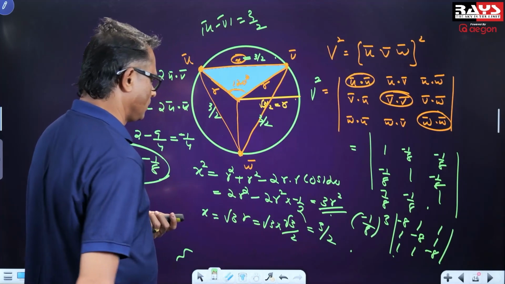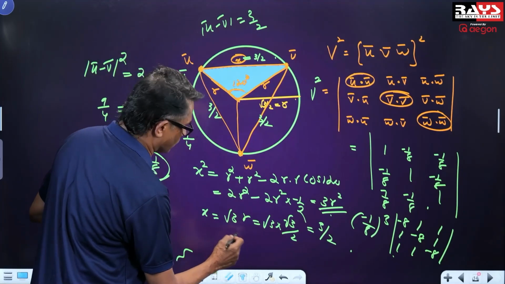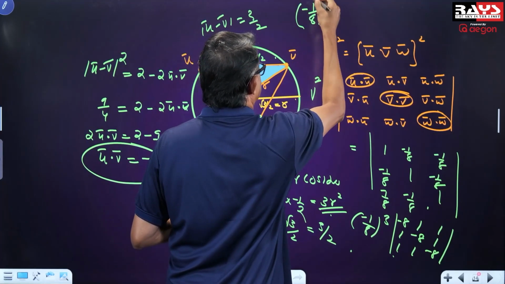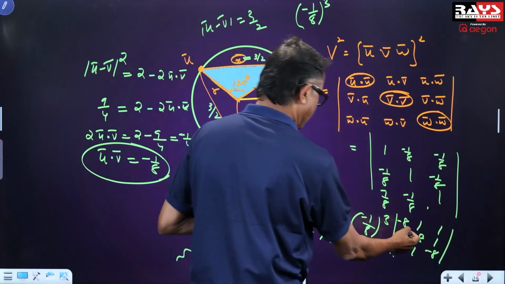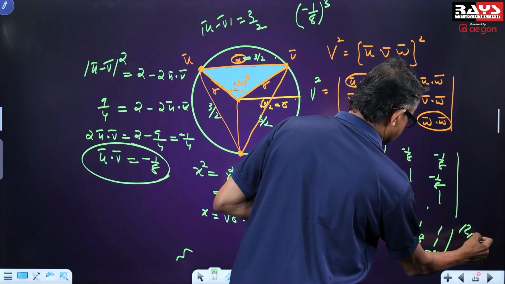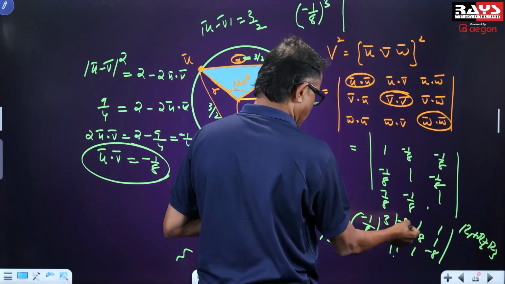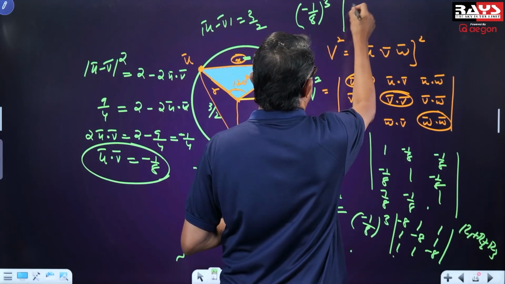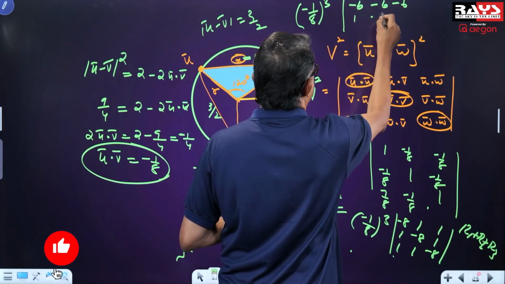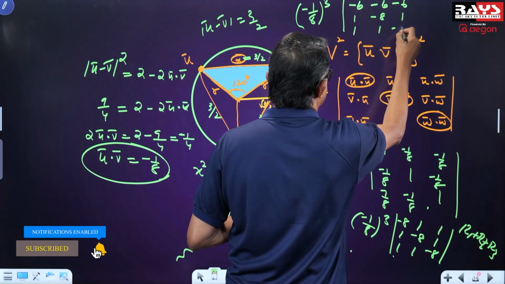We can expand it, or we can apply R1 plus R2 plus R3. So you will get minus 8 plus 2, that is minus 6, in the first row, and the other rows are 1 minus 8 1 and 1 1 minus 8.